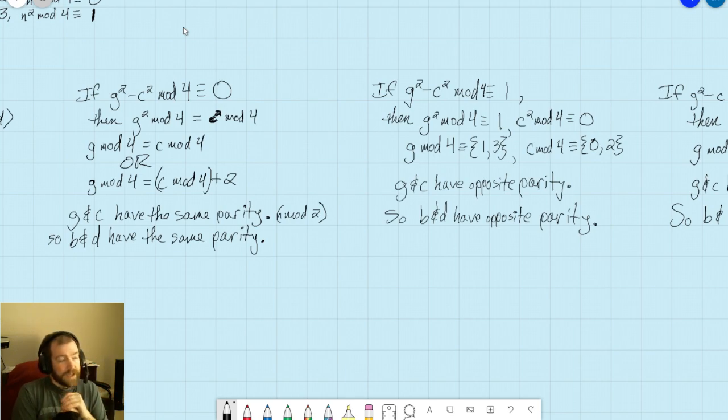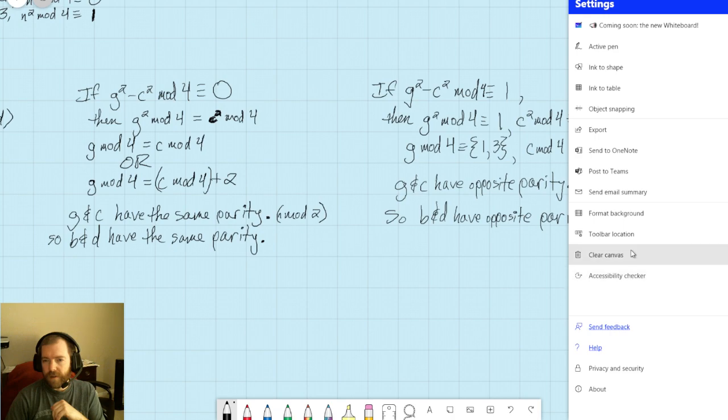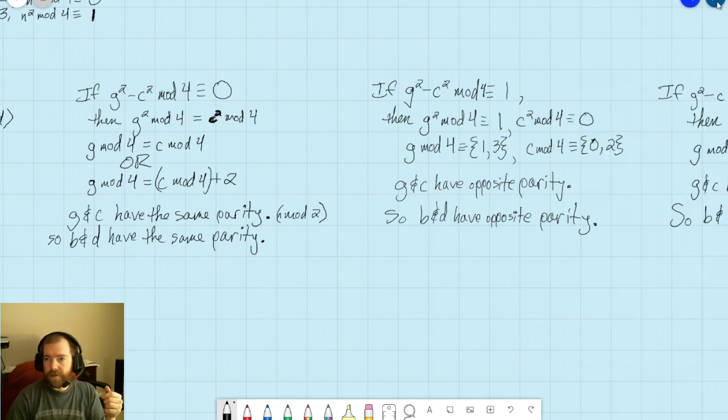So I also changed the background color. It's in the settings menu. Maybe not. Somewhere. I don't even remember where I did it. There's a place in here somewhere which allowed me to change out the background color because it was just much nicer.